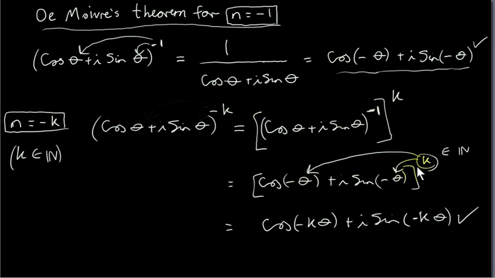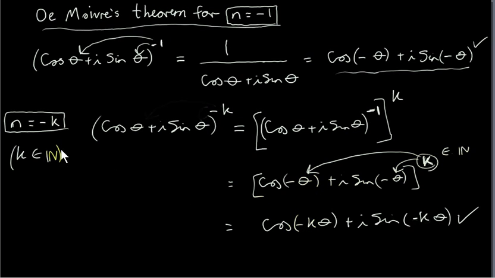And you can then see that we have a complex number in polar form raised to the power of a positive integer or a natural number. k is an element of N. So we can use the result of the previous video, which states that de Moivre's theorem is true when the power is a natural number. So we just multiply the power by the argument.